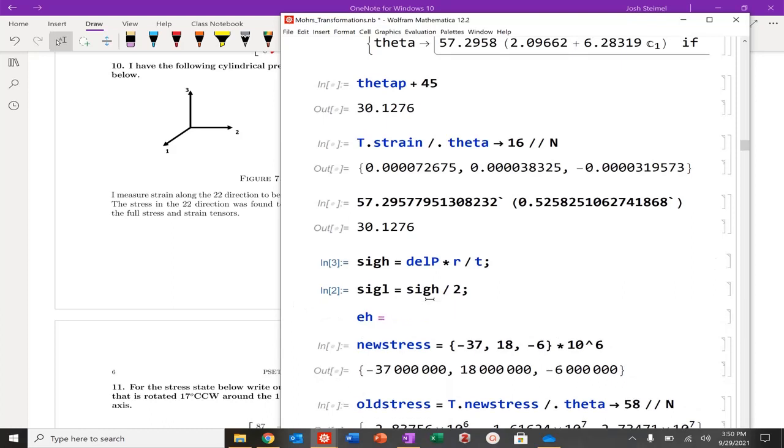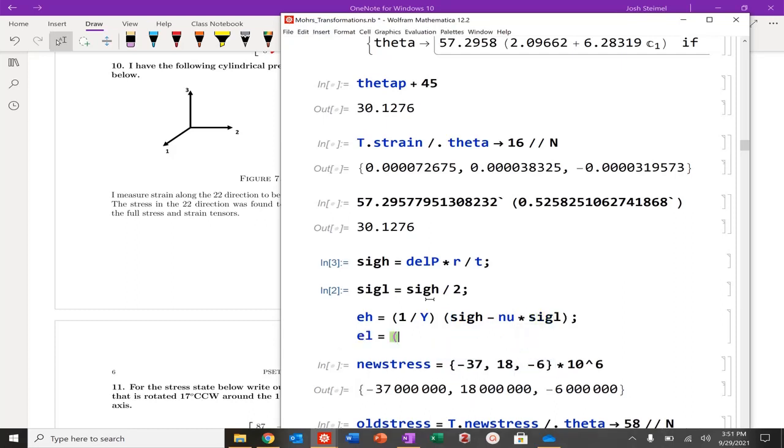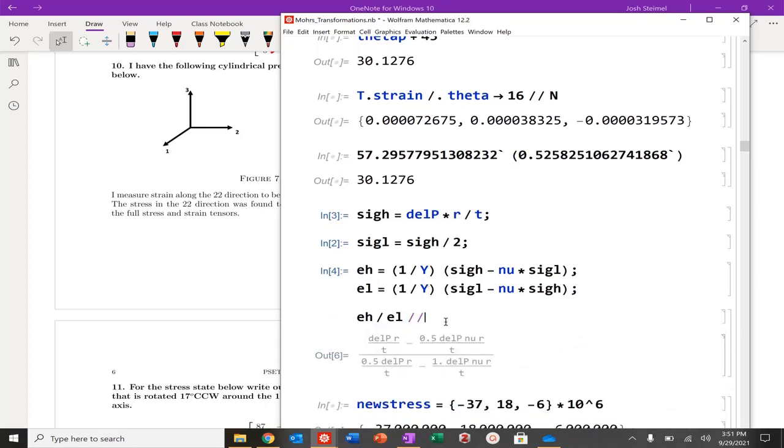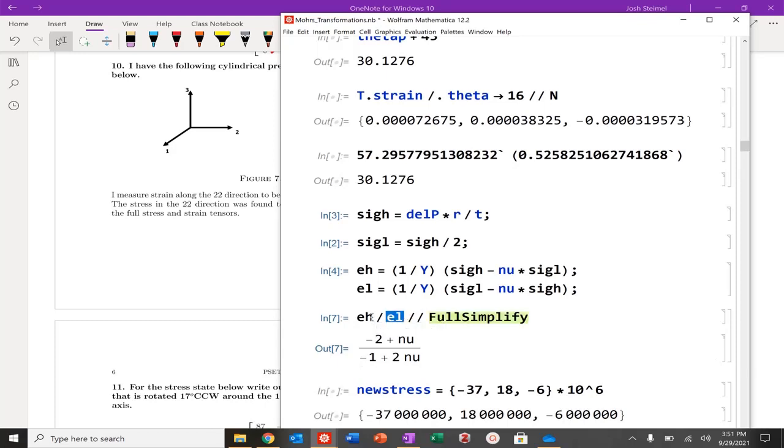My EH is equal to 1 divided by Y times sig h minus nu times sig L. And my EL is equal to 1 divided by Y times sig L minus nu times sig h. And we have that. So my EH divided by EL, we could actually fully simplify. So we have these relationships here.